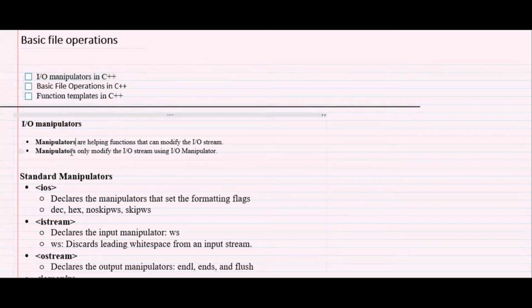Let's focus on this fact that manipulators are helping functions that can modify the input output stream. They will not generate the output; they can only modify the input output stream. So first I need to have the input output stream, then we can apply all these manipulators.